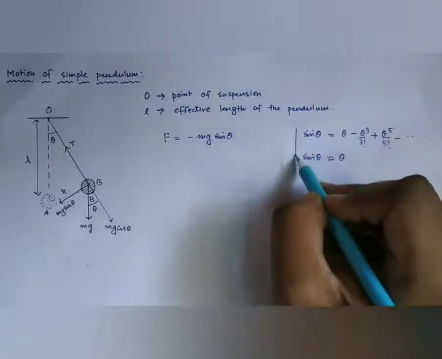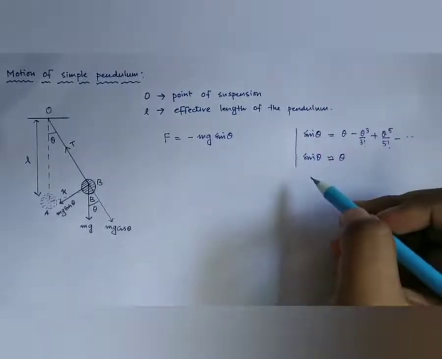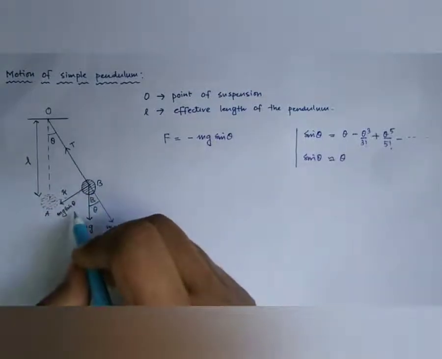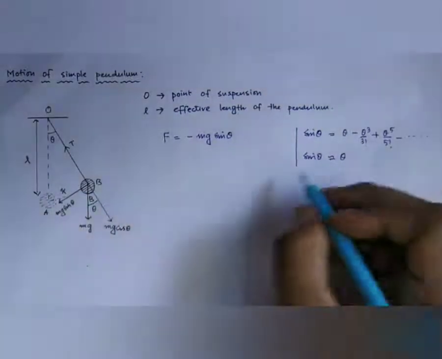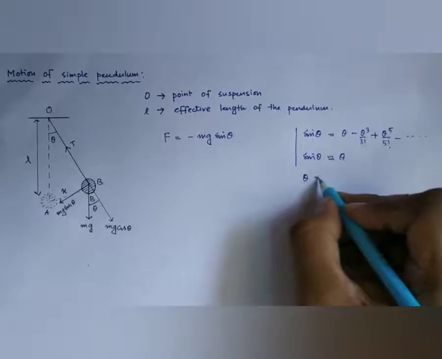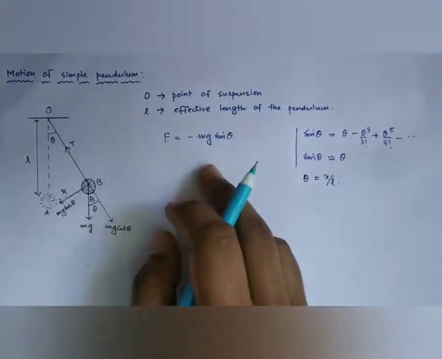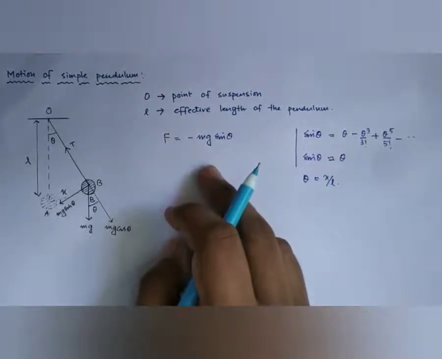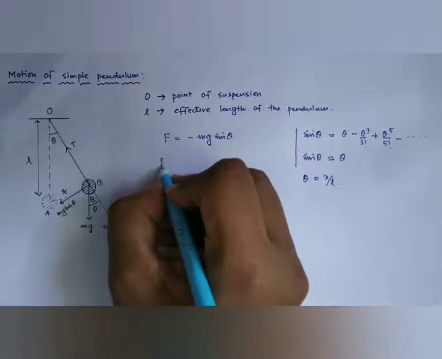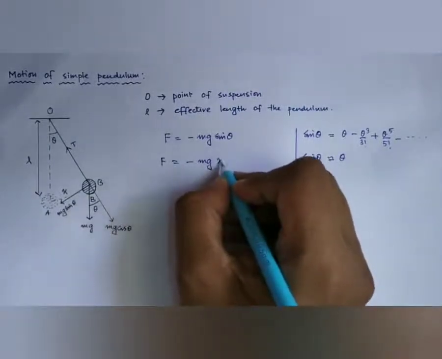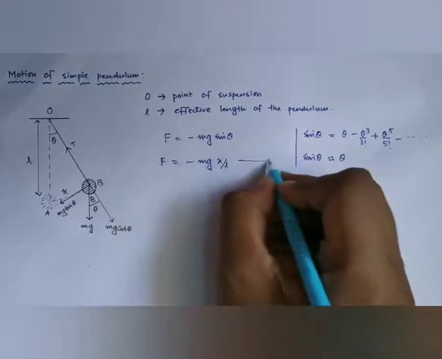Now from this figure we can clearly estimate that theta is nothing but x by L. Theta is x by L. So if we put it here, we have F equal to minus mg x by L.